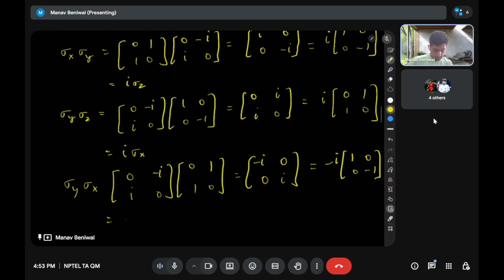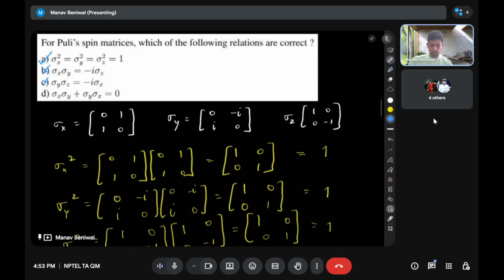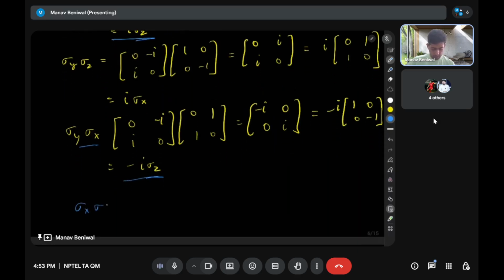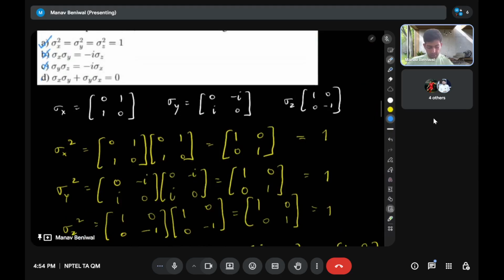This is nothing but minus iota sigma z. So we have sigma x times sigma y as iota times sigma z, and sigma y times sigma x as this thing. If we add these two, we should get 0: sigma x sigma y plus sigma y sigma x is iota sigma z minus iota sigma z, which is 0. So option D is in fact correct.